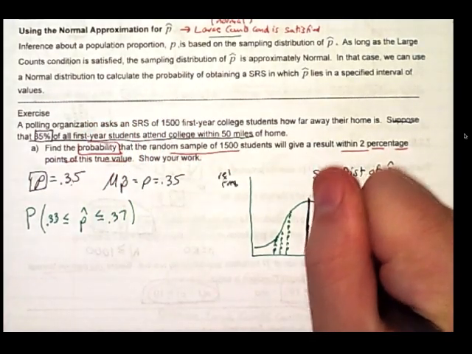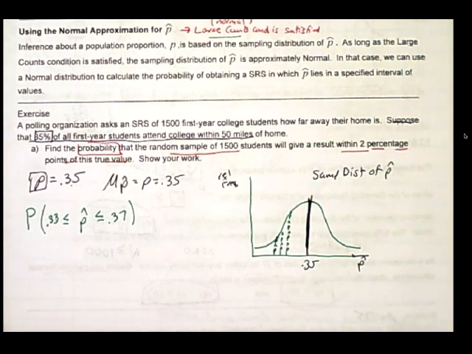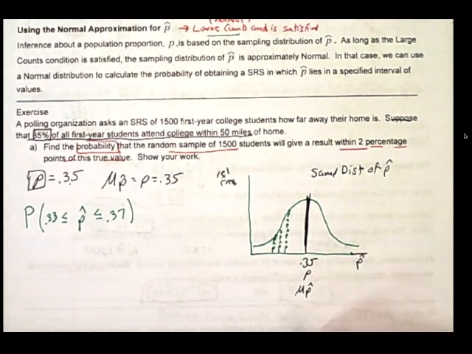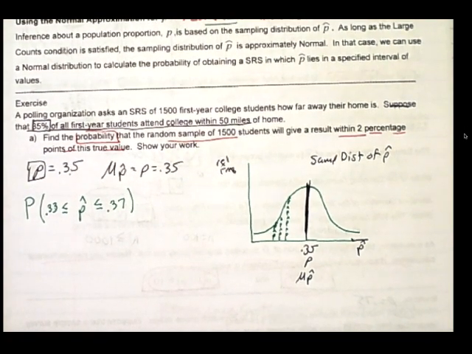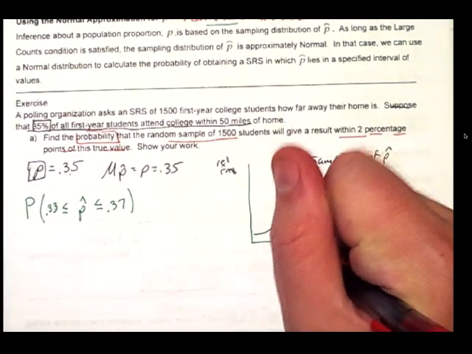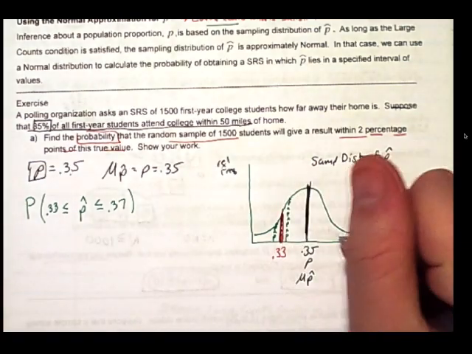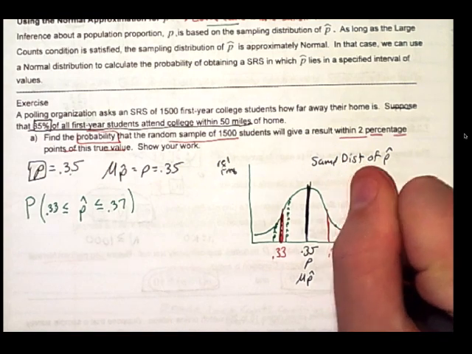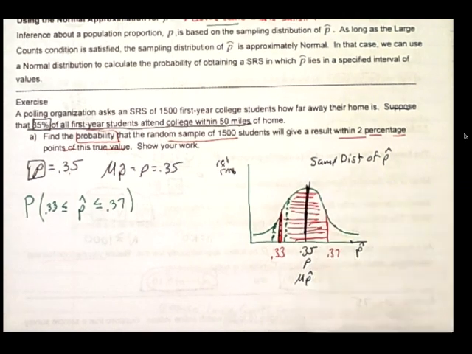So that's the value that's going to fall right in the middle. Since that's rho, it's going to be the same thing as the mean of the sampling distribution. What I want to do is figure out the probability that any given p hat falls between 0.33 and 0.37. So in other words, I want to find the area of this normal curve. That's what I'm looking for.